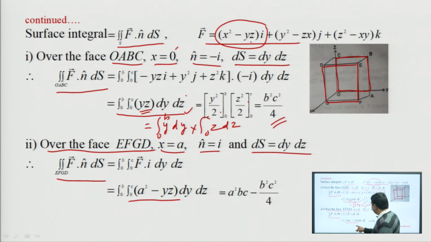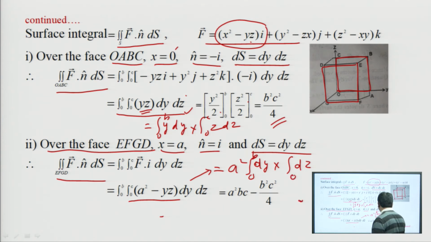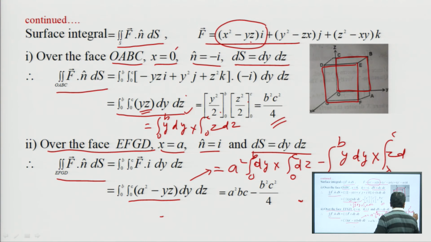and finally, when we evaluate here, we cannot apply this result because the functions are not independent of each other. But if we break this, we can write this as a square into the integral dy into the integral dz, where y is from 0 to b and z is from 0 to c, minus the integral from 0 to b of y dy into the integral from 0 to c of z dz.